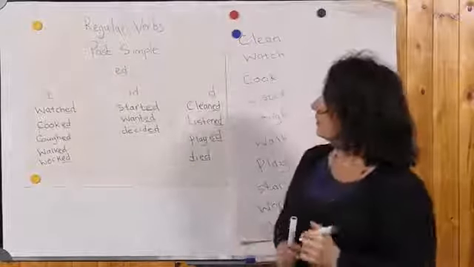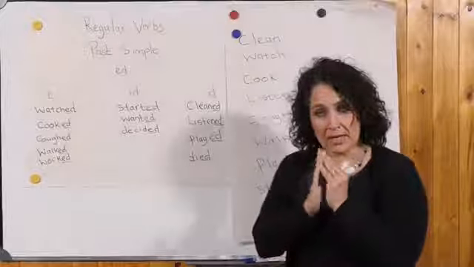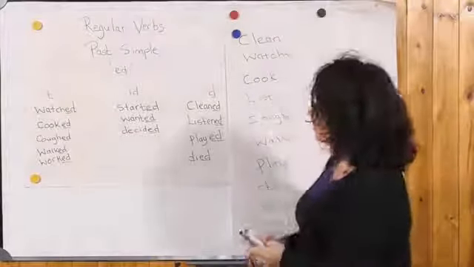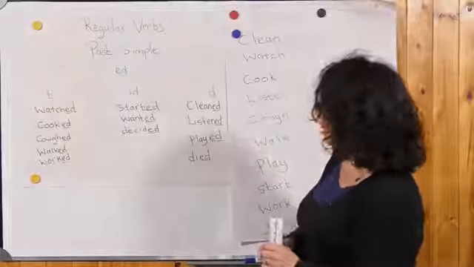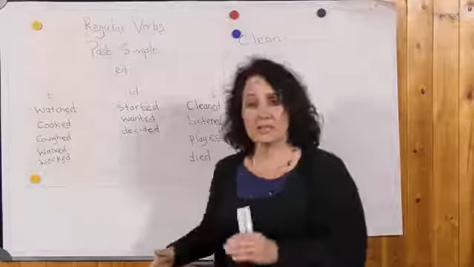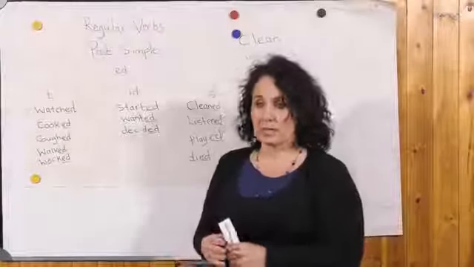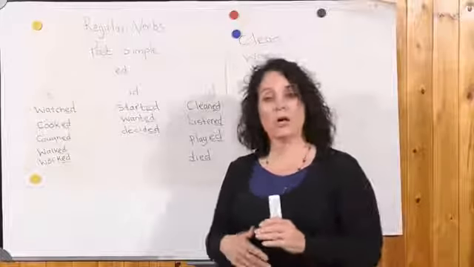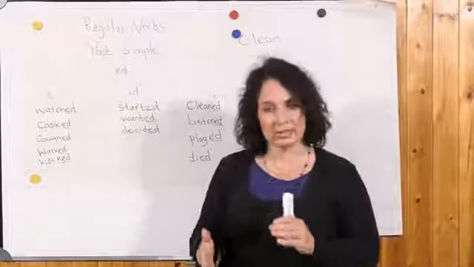Okay, the only thing you have to be careful about is how you speak these verbs, because often you might hear people say, maybe, I walked the dog yesterday. No, it's walked. Or I worked yesterday, worked.